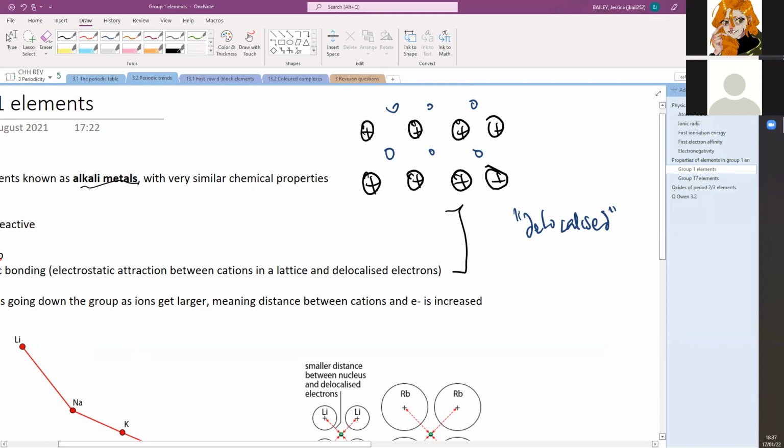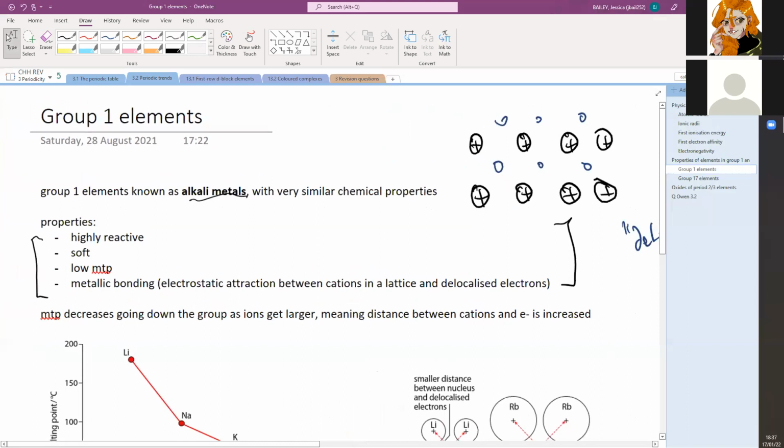And hence it makes it quite soft. So it's quite malleable, which is why metals are also ductile, because you can turn them into wires, you can shape them into things. That's because of that sea of delocalized electrons property that it has.